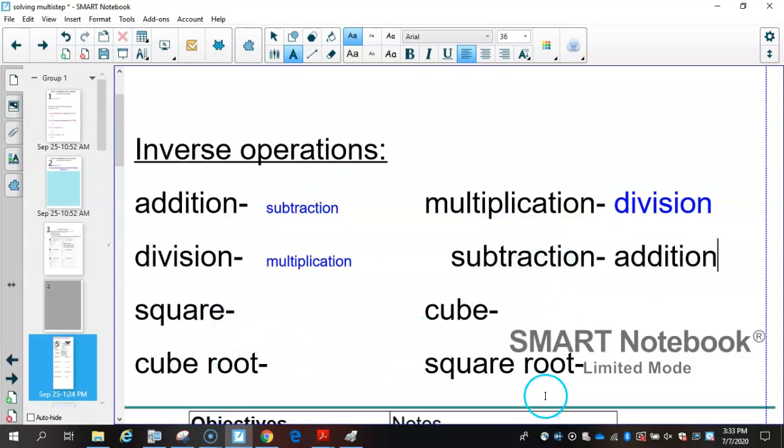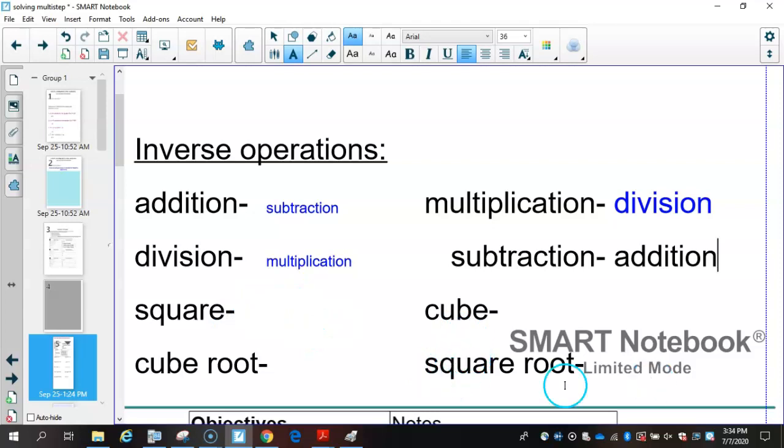Now let's look at these. You may see what the inverses are already, but let's talk about them. So when you square something, you're taking whatever the number is and raising it to the second power, or you're taking whatever the base is, that number, and you're multiplying it by itself once.